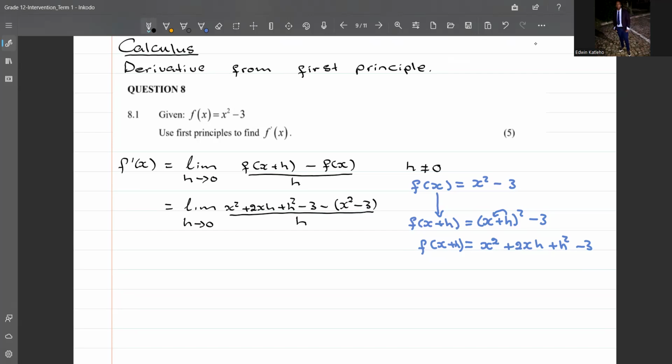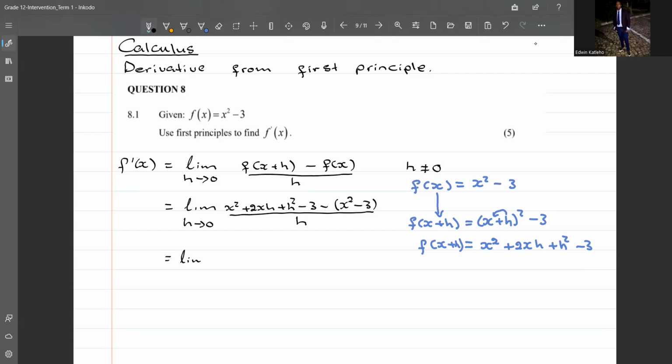All right, next, you can see we have to distribute this negative into this expression. Again, our next step, we still continue with our limit.